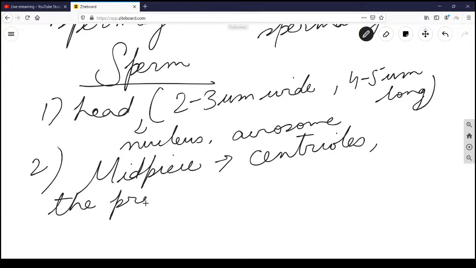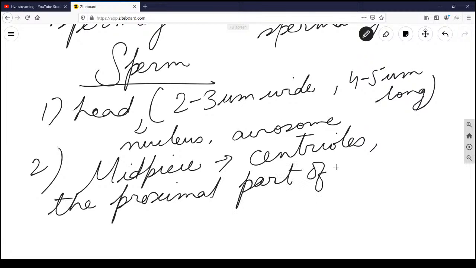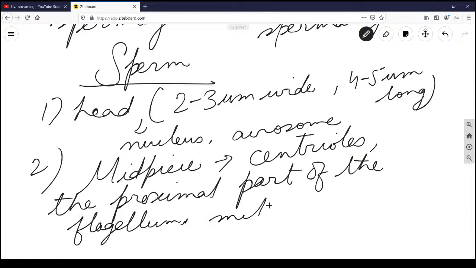the proximal part of the flagellum and the mitochondrial helix.